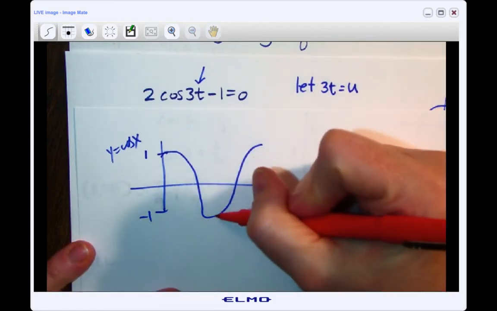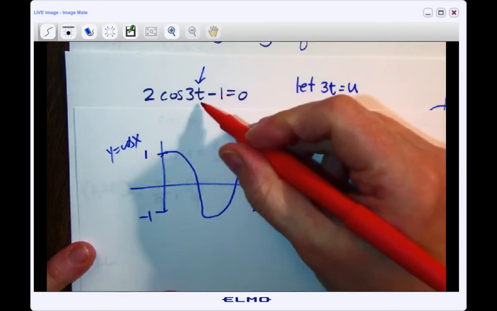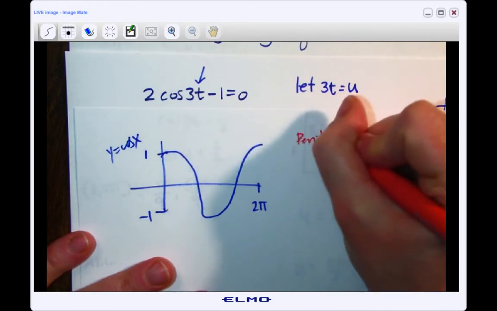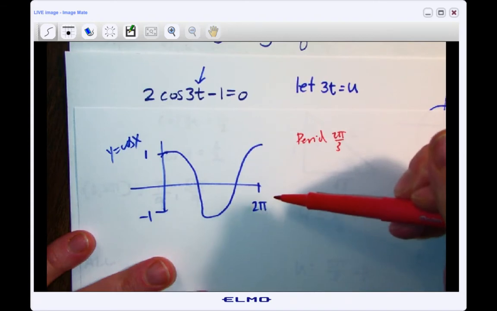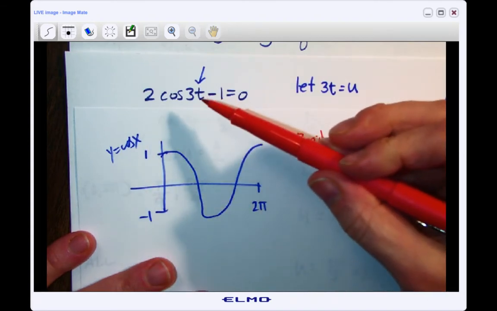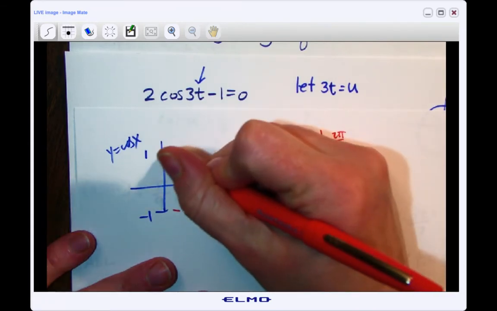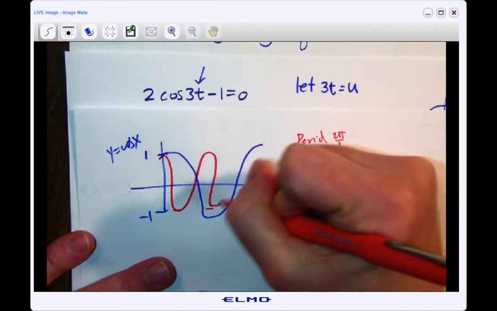I actually have to have 3 of these inside here, right? Between 0 and 2 pi. It's going to compress it by a factor of 3, so my period's going to be 2 pi over 3. So I actually have to get 3 of these in here if we have a compression like that. So I would have a thing here, a thing here, and a thing here, let's say. So you thought that one was ugly. Wait till you see this one.